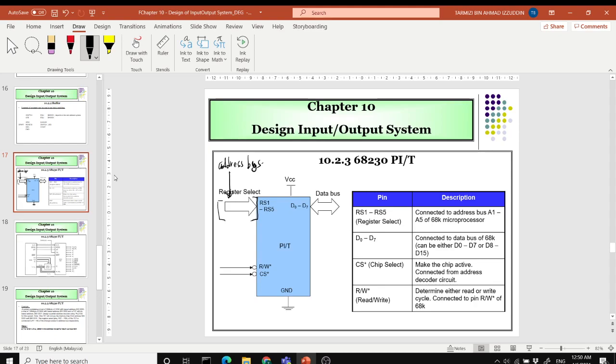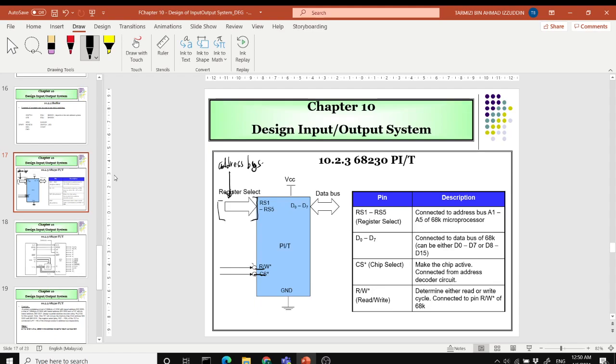And then similarly, you have your data pins connected to a data bus for bidirectional data transfer between the 68230 and your 68K. And then we have chip select over here, read and write, to specify whether you are writing to this PIT or reading from this PIT. And that's all, I guess.